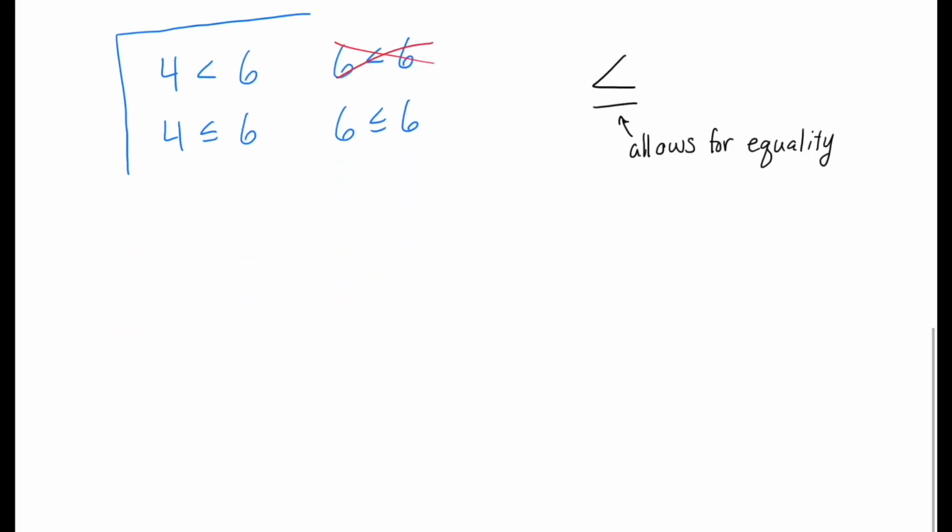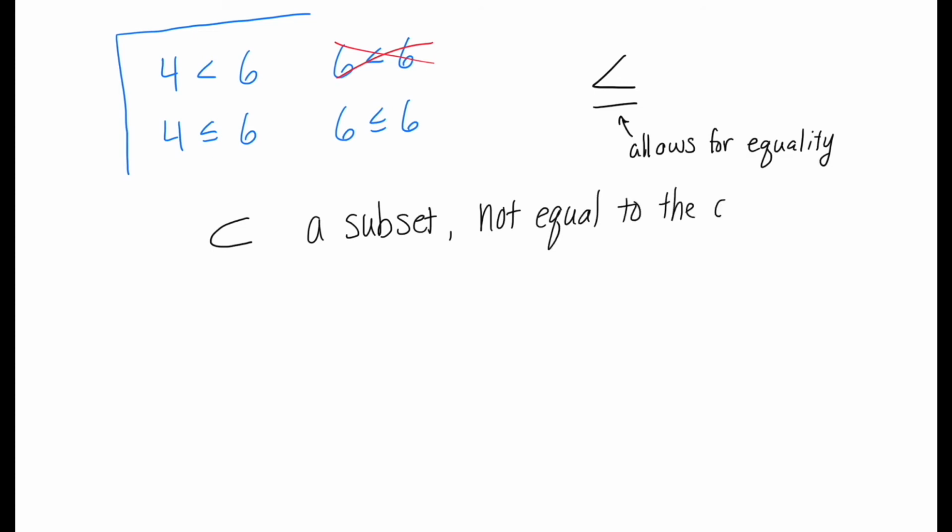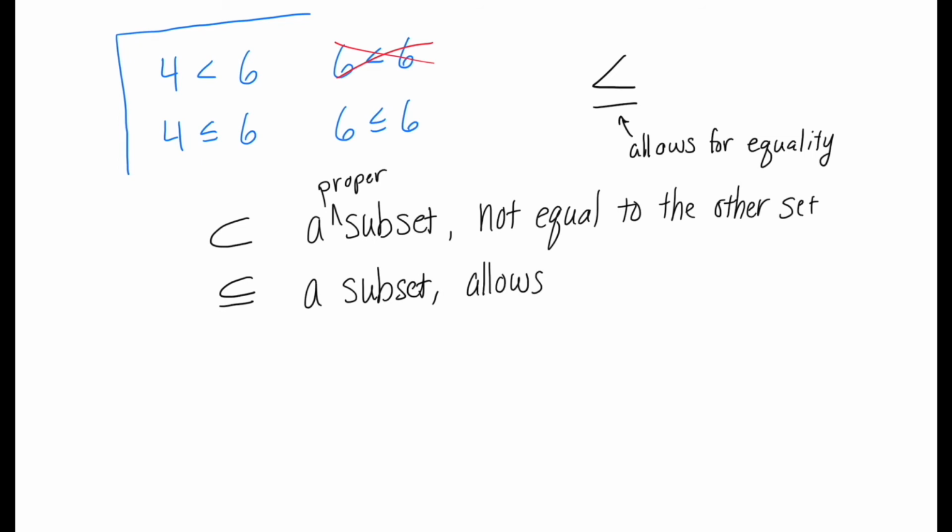When we have our subset symbols, it's a similar idea. Proper subset means a subset, but it's not equal to the other set. And the regular subset symbol means we have a subset. This allows for equality.